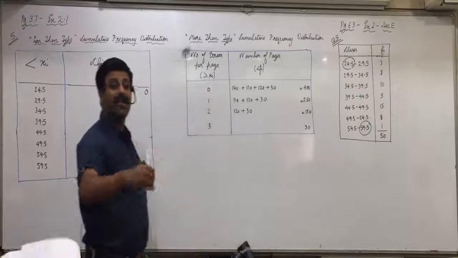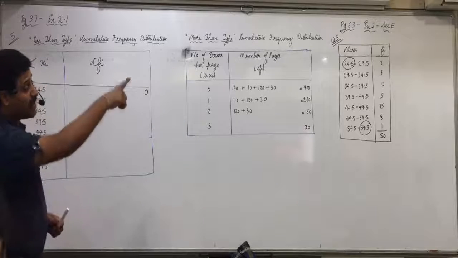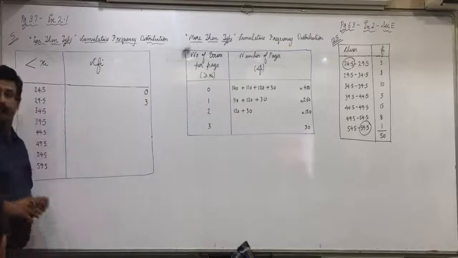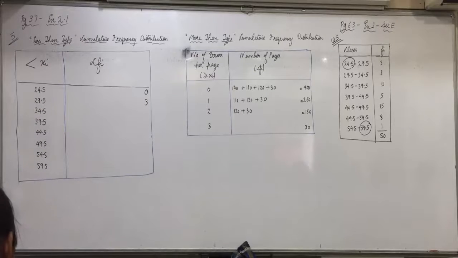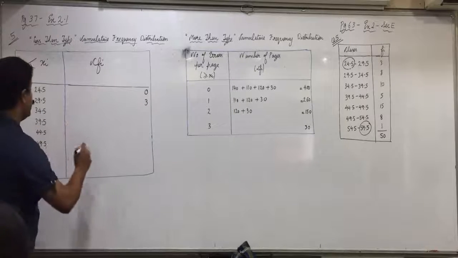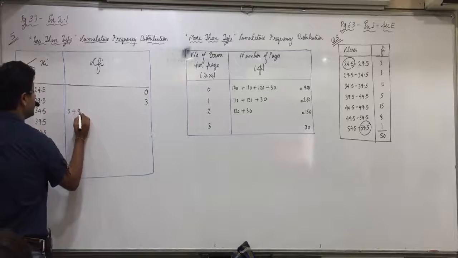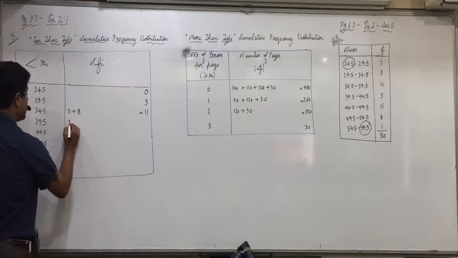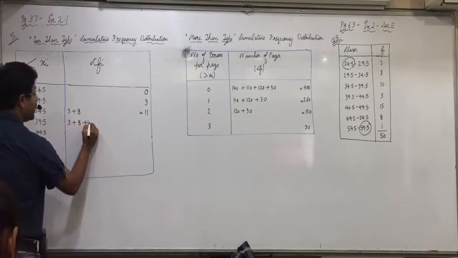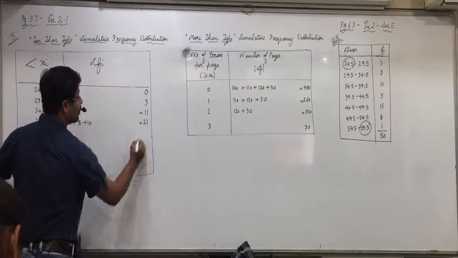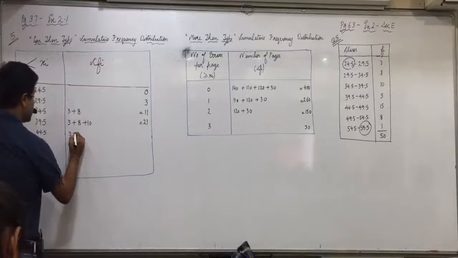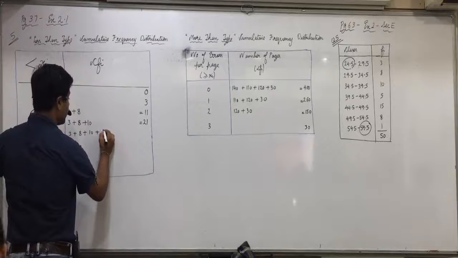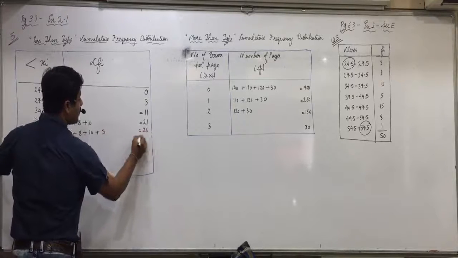Now same rule, add from top to bottom. What is the first frequency? 3. So write down 3 as it is. Then 3 plus 8. Then 3 plus 8 plus 10, 21. Then 3 plus 8 plus 10 plus 5, 26.